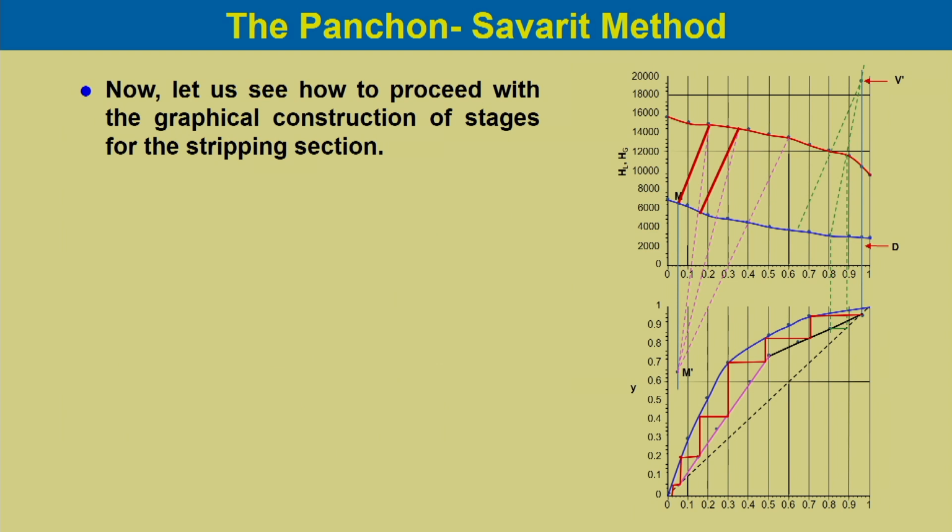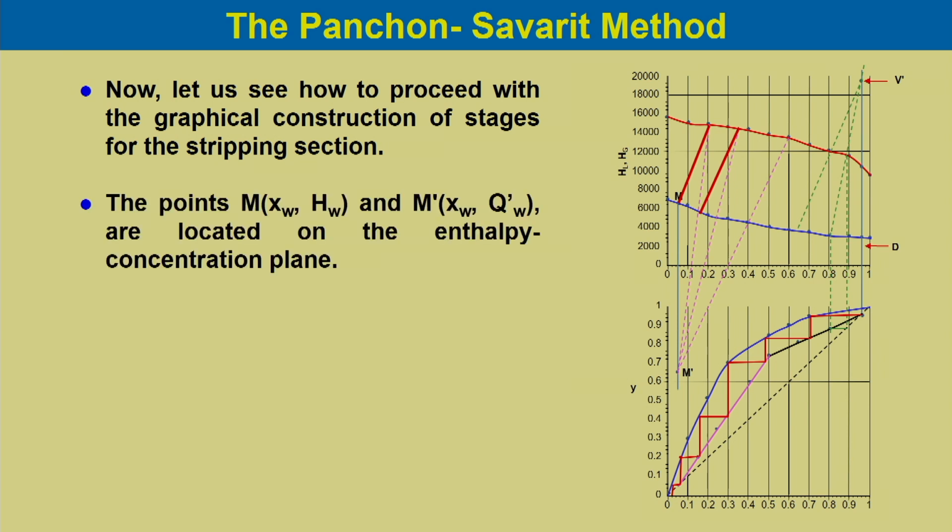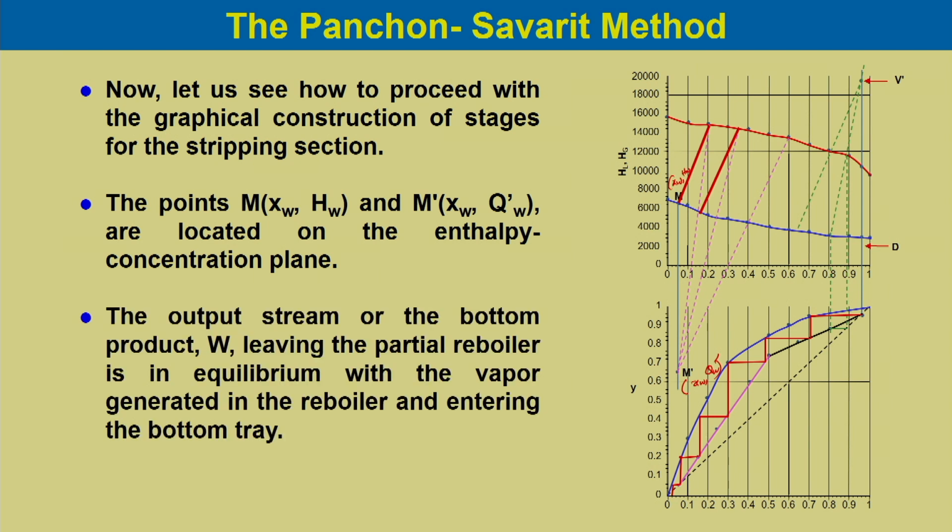Now, let us see how to proceed with the graphical construction of stages for the stripping section. The point M, which is having coordinates x w and h w, and m dash having coordinates x w q w dash, are on the enthalpy concentration plane.